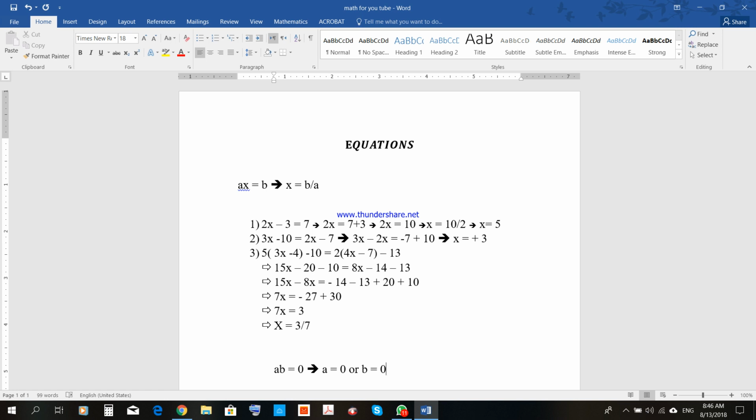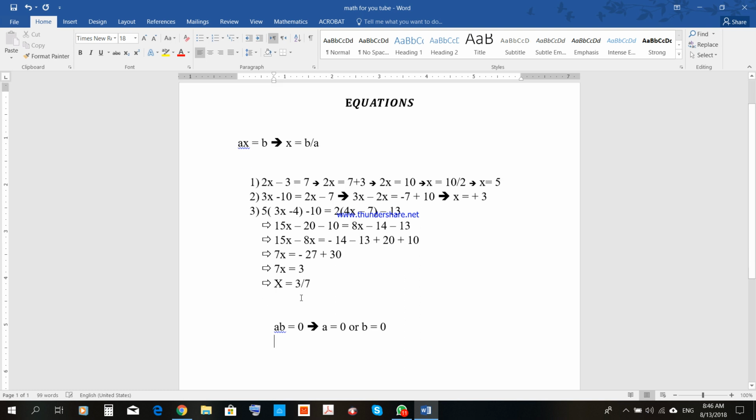If you multiply any two numbers together and their answer is 0, that means the first number can be 0 or the second one can also be 0.